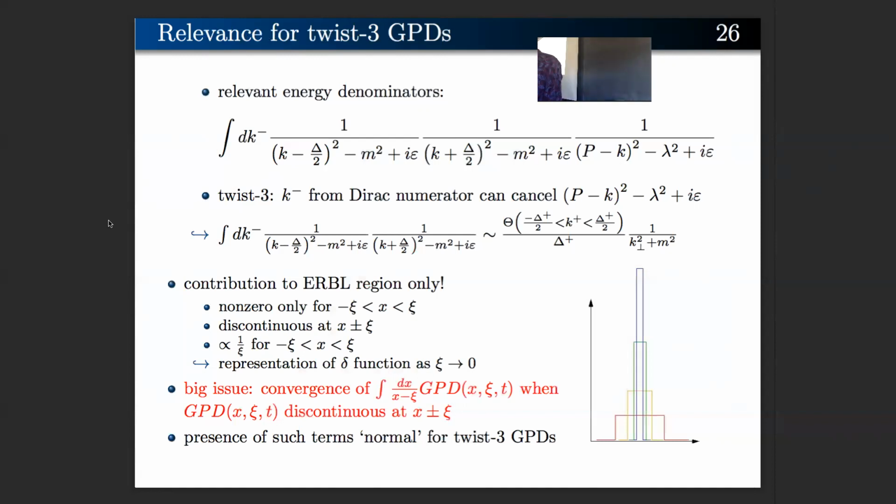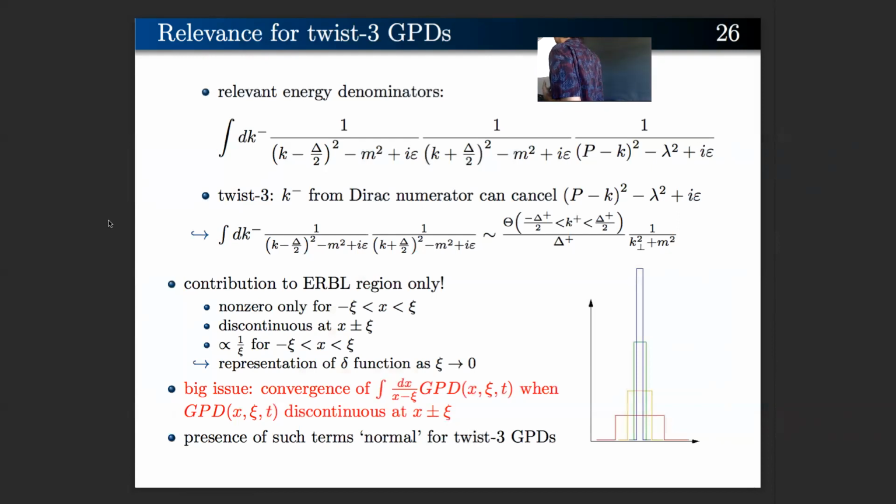And then you're left with these 2 propagators. Again, using the pole avoiding argument, the K minus integral involving only these 2 propagators is non-zero only when K plus is between minus delta plus over 2 and plus delta plus over 2. Only in that case is the real axis pinched between the 2 poles.